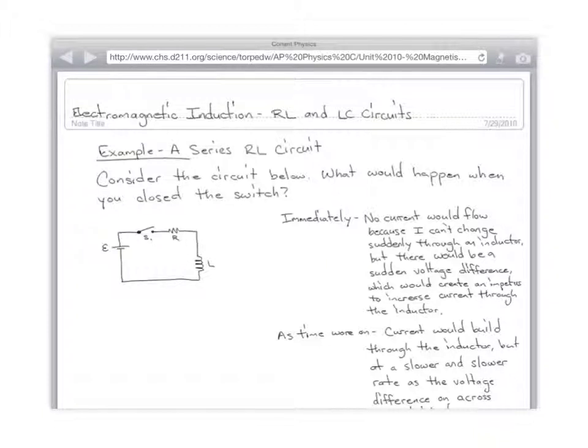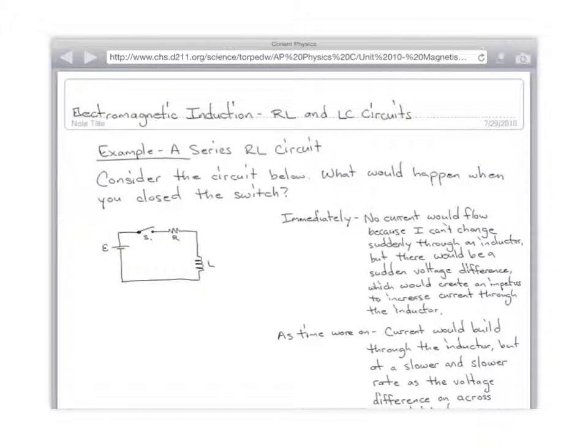But then what happens? And then it builds up, right? So it takes a certain amount of time for the current to get going faster and faster in the circuit because it's got no magnetic field initially in the inductor.